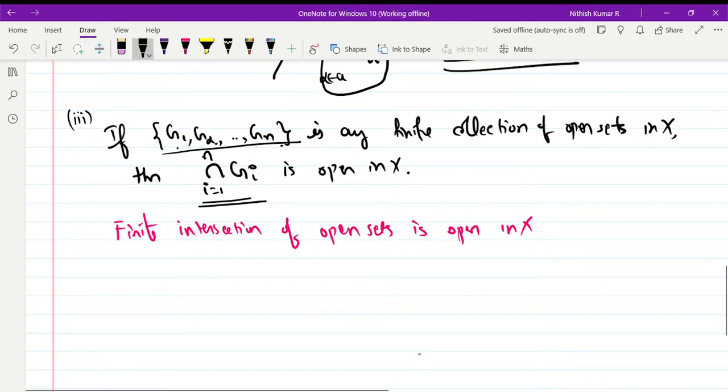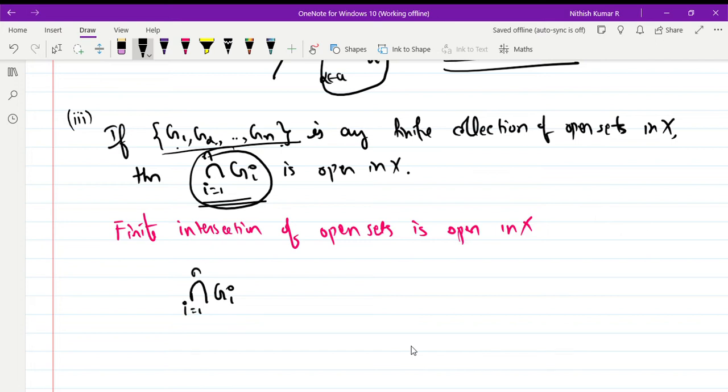We shall observe the proof. Okay, now given that each Gi is an open set, we need to prove that the intersection of Gi, i equal to 1 to n, is open. To prove this is open, we need to prove that every point of this intersection is an interior point. So let's take a point.